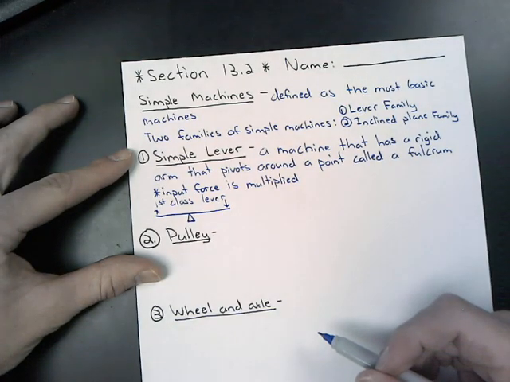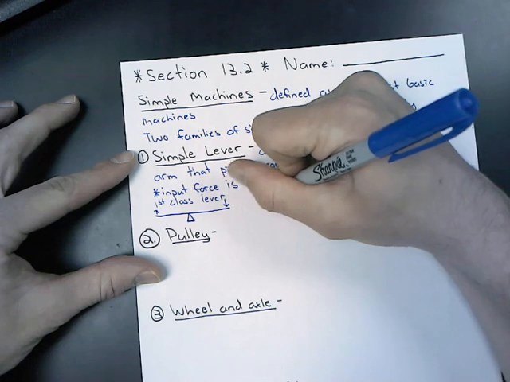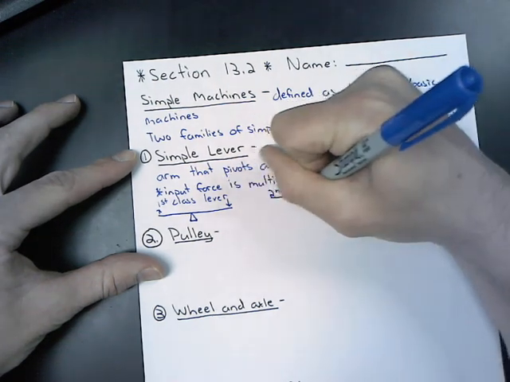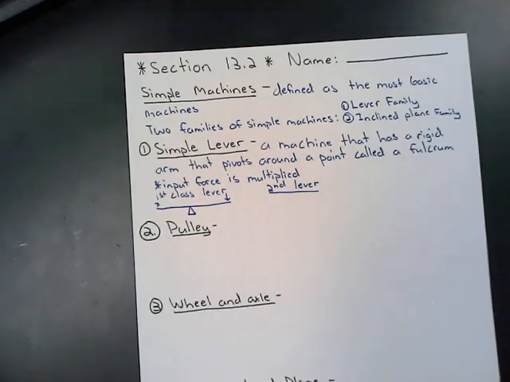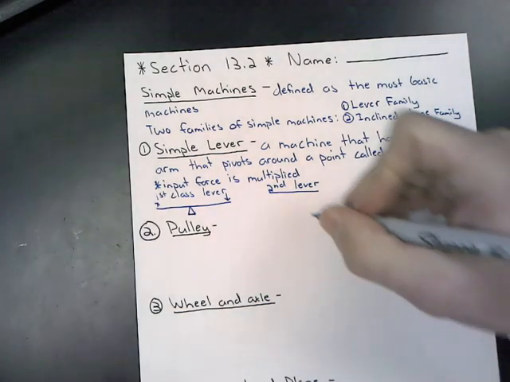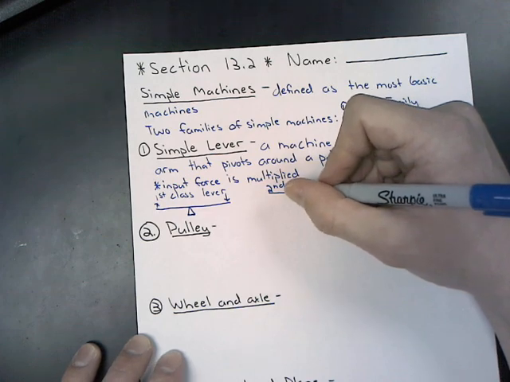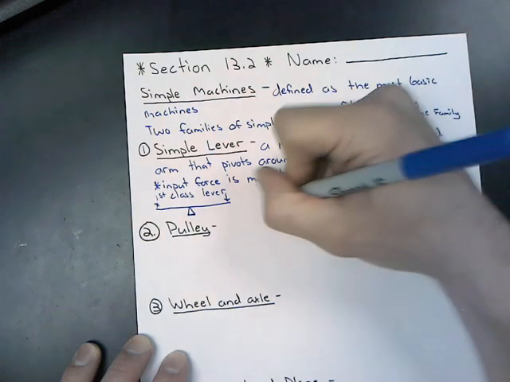Now, a second class lever, the difference here is that a second class lever is going to shift or alter the location of the fulcrum.